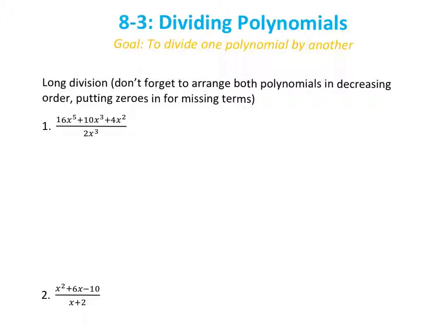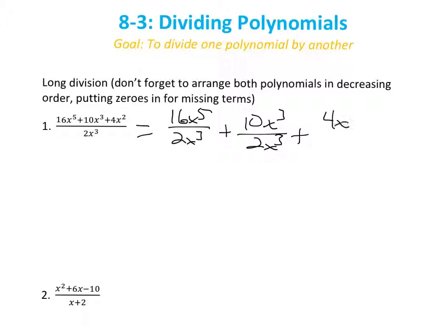So to get started here, before we get into actual long division stuff, I just want to review what to do when you're dividing by a monomial. Okay, so for this first one, we don't have more than one term on the bottom, it's just a monomial. So because of that, you could just split this into 3 different fractions and solve each of those, which we've done before. So this becomes 16x to the 5th over 2x cubed plus 10x cubed over 2x cubed plus 4x squared over 2x cubed.